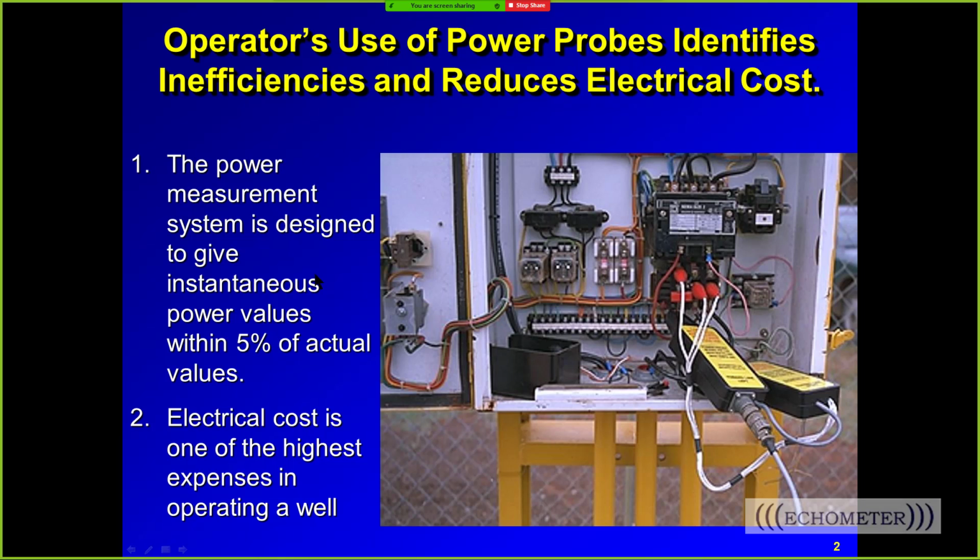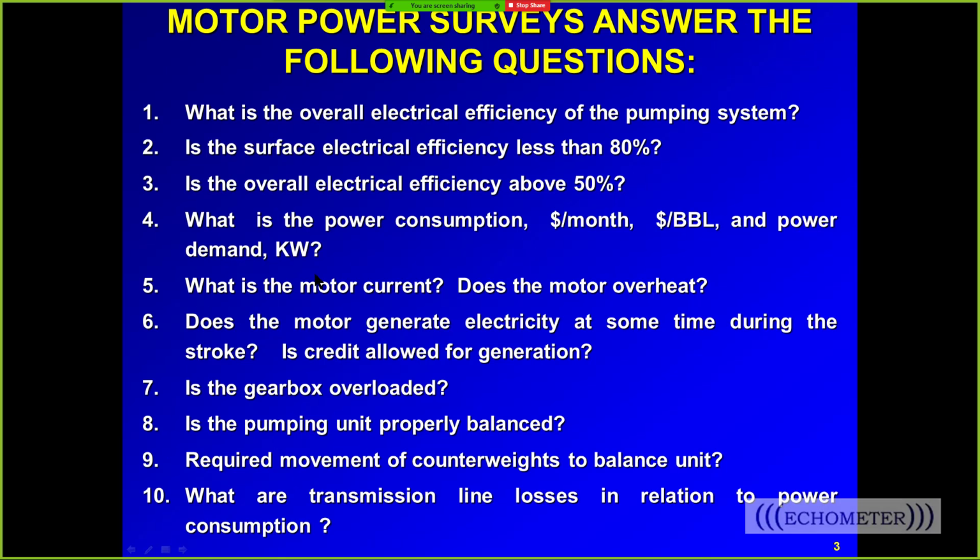Power was one of our primary operating costs, and you just can't look at a pump unit or an electric motor or the wellhead and see that it's not efficient. You have to measure the input power and compare it to the power at the polished rod and the power required to lift the fluid to the surface. The power probes are accurate, they measure representative power, and they can be used for lots of analysis on the well that we'll talk about.